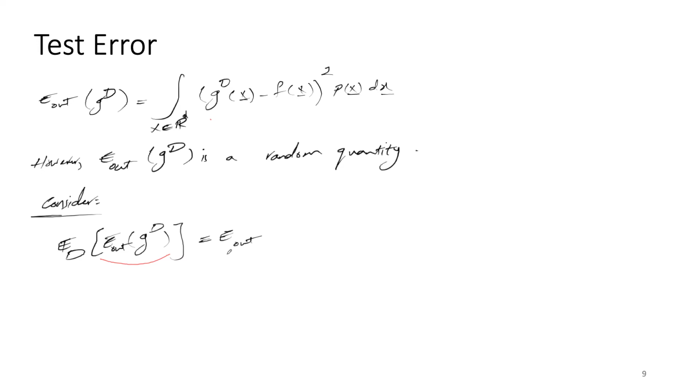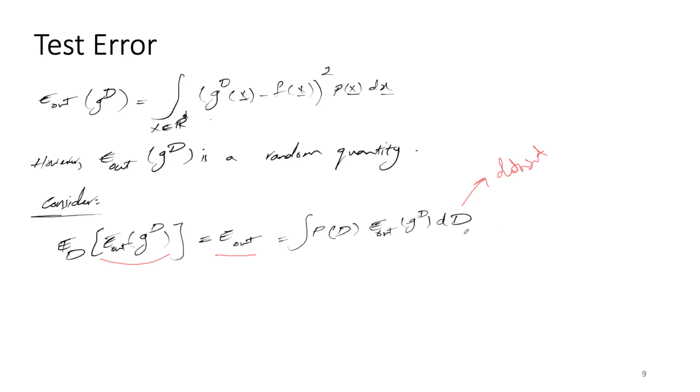So in this case, we would define the out of sample error as the expected value of the out of sample error of g. And this would be equal to the integral of p(D) E_out of g_D dD, where D is your data set.